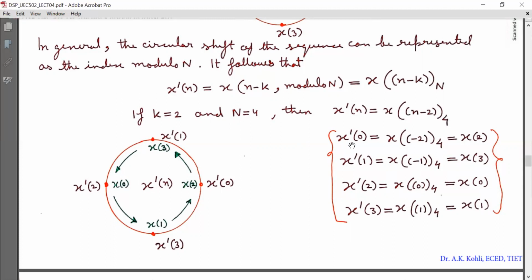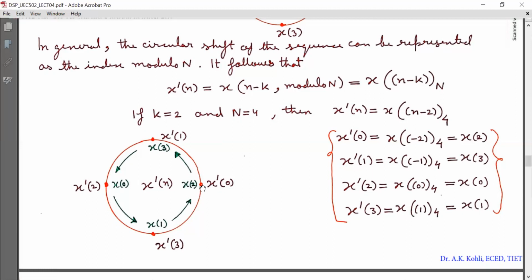Now x'[0] is equal to x[(minus 2)] with subscript 4, and by modulo 4 operation it is equal to x2. Similarly, x'[1] is equal to x3, x'[2] is equal to x0, and x'[3] is equal to x1.